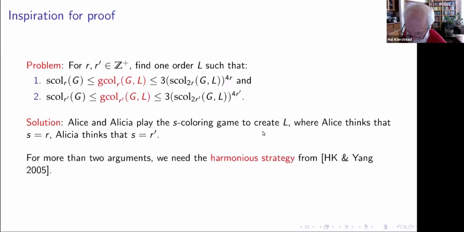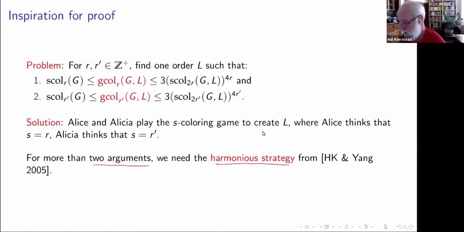So for more than two arguments, we have to use another strategy. So it's not really a game proof anymore, but what's going on in the general argument is that you have infinitely many players, but the government is going to set some rules for how they interact with each other. So they have to behave socially, properly.